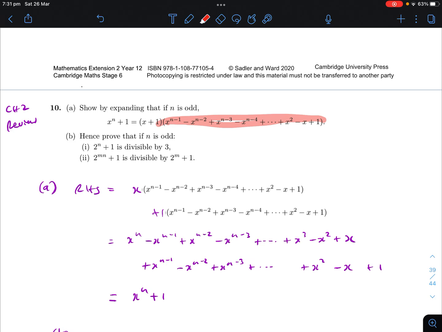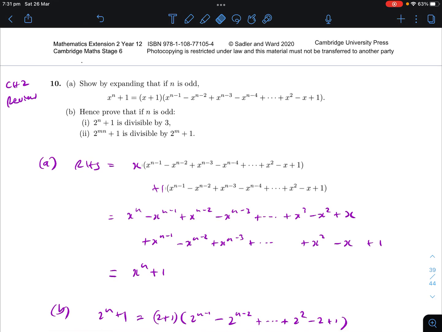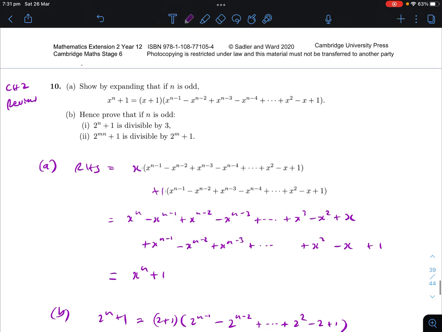I actually haven't really thought about what happens if n is negative, but I don't think it makes any sense, because obviously this here is the sum of powers x to the 0, x to the 1, x to the 2, proceeding to x to the n minus 1. So it obviously doesn't work for n negative. They mean n is odd positive here.